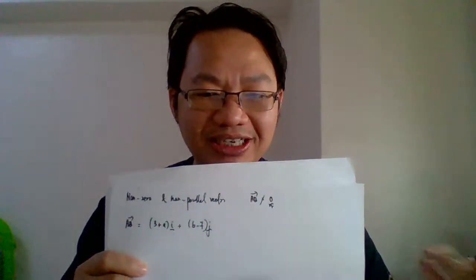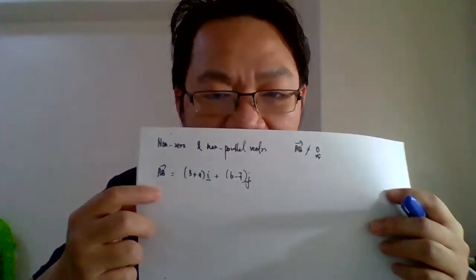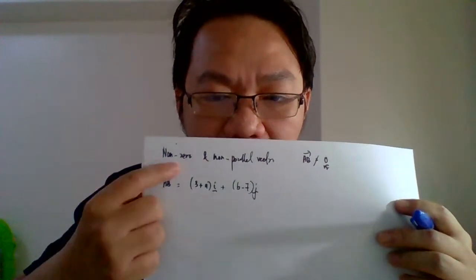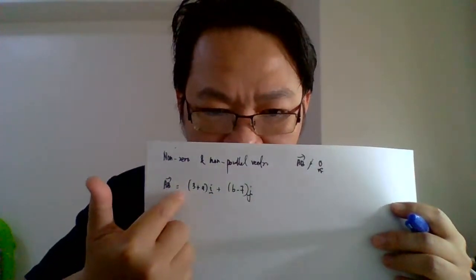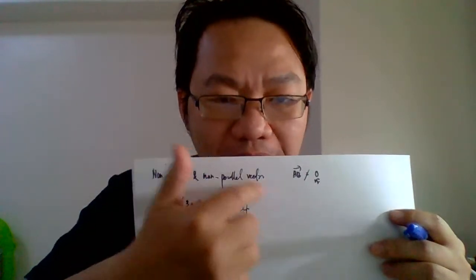What is a non-parallel vector? The term is strange, but to solve the problem it only takes 1 or 2 seconds. Very easy. If you look at my example here, AB is non-zero, right? This is a non-zero and also non-parallel vector.